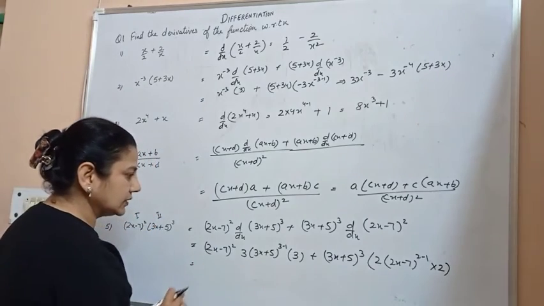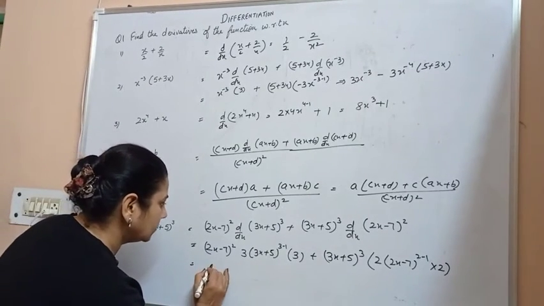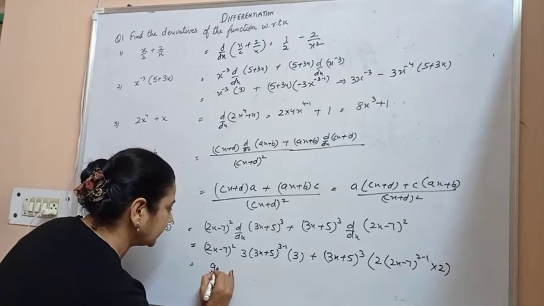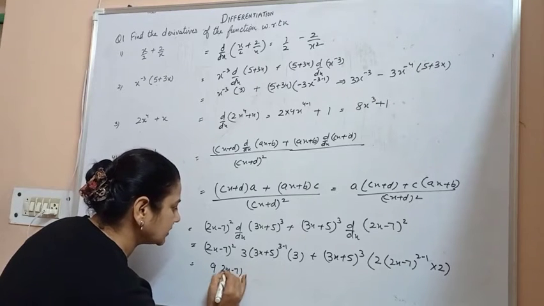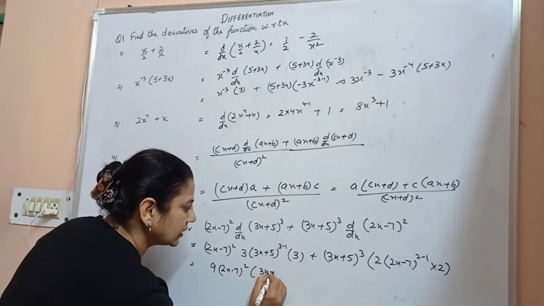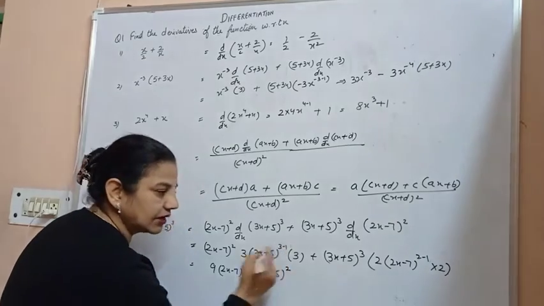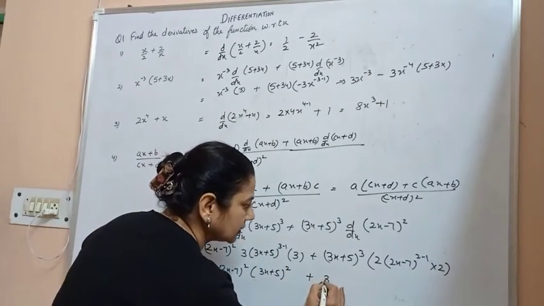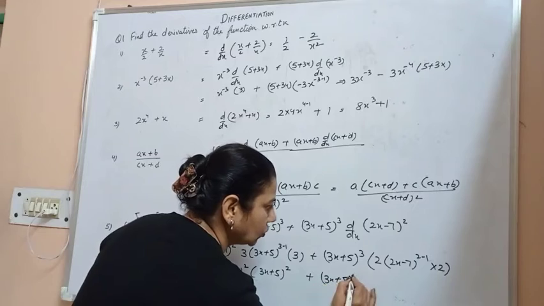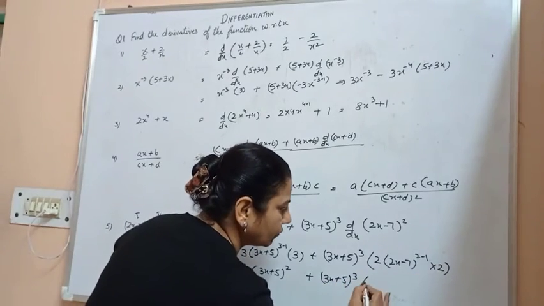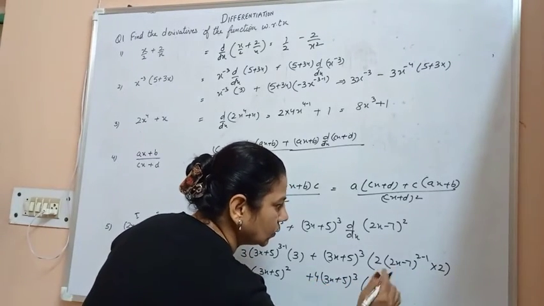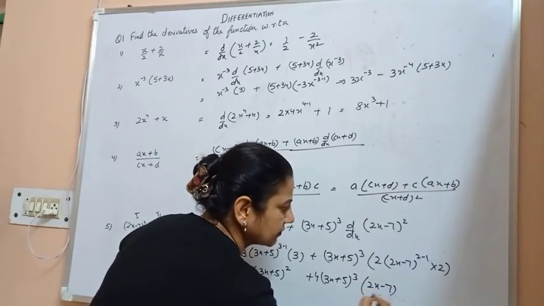On solving, we have 3 into 3, 9 times 2x minus 7 whole square, 3x plus 5 whole square. 3 minus 1 is 2. So again 3x plus 5 whole cube and 2 into 2, 4. We take 4 forward, 2x minus 7 only.